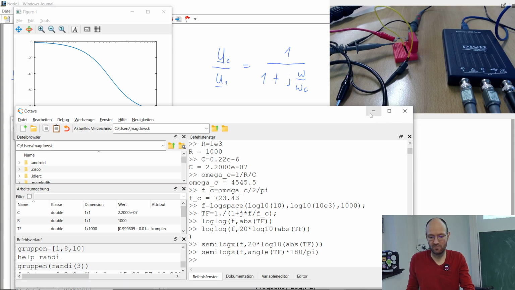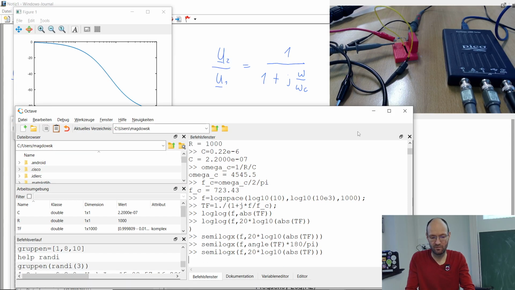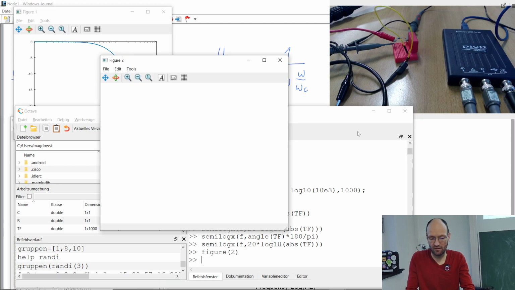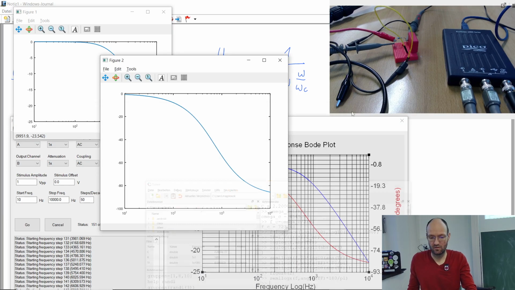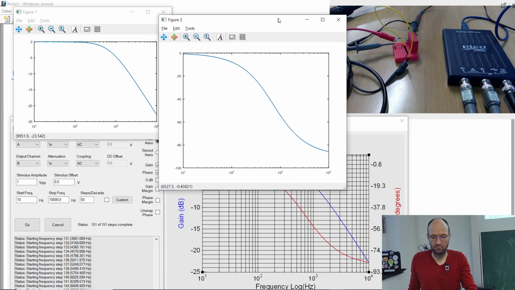So I should plot this into a second plot. I will plot the transfer function magnitude once again, open up a second figure, and inside the second figure plot the angle.